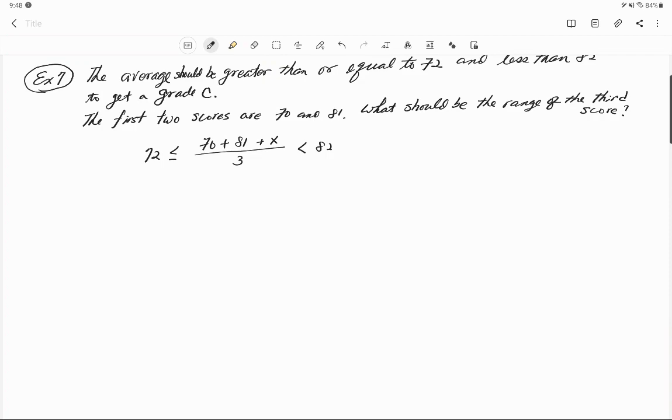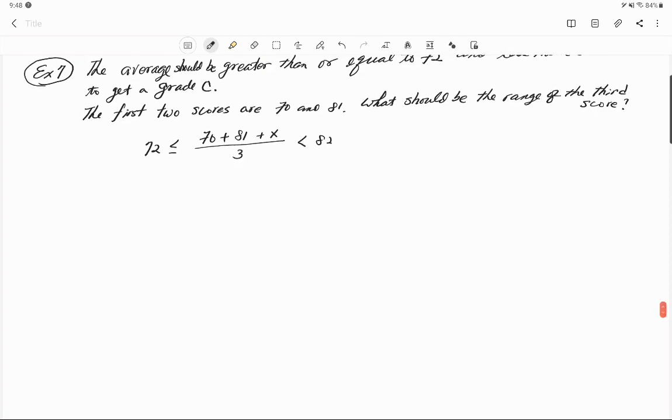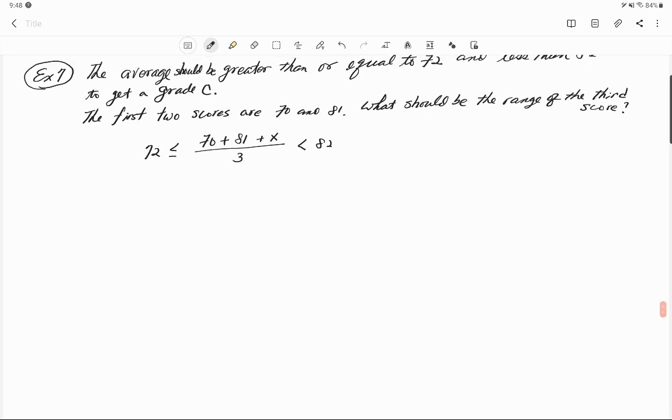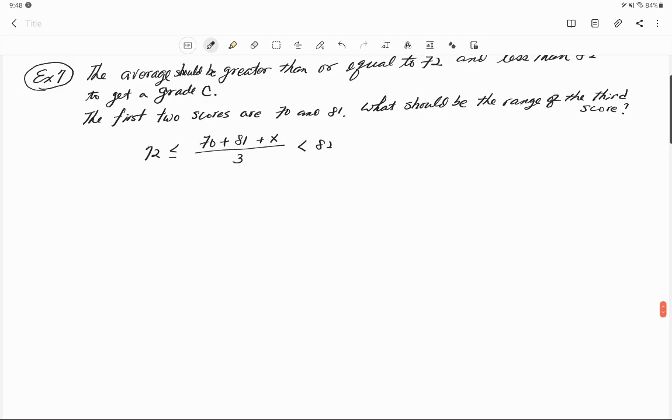So from this one, let's find X. All right, let's remove the denominator first. We're going to leave X in the center, so we have to remove all the other terms. So let's remove 3. How do we remove it? Multiply each part in this inequality by 3.